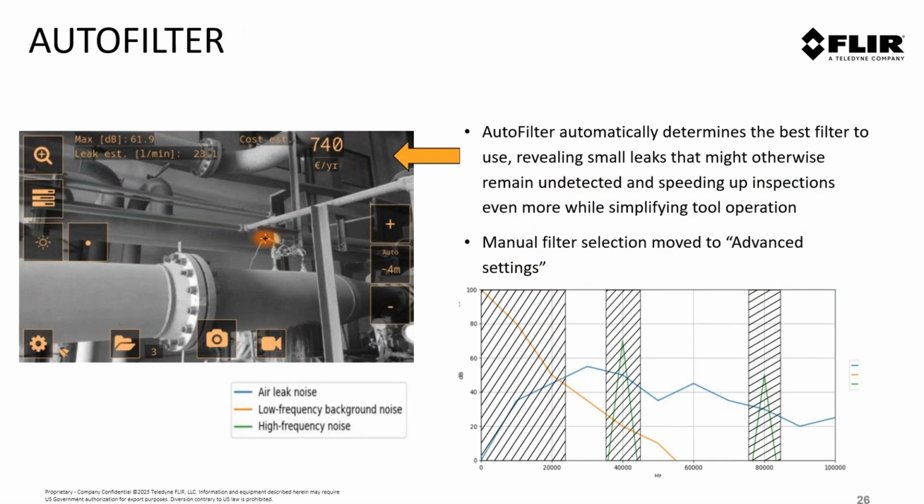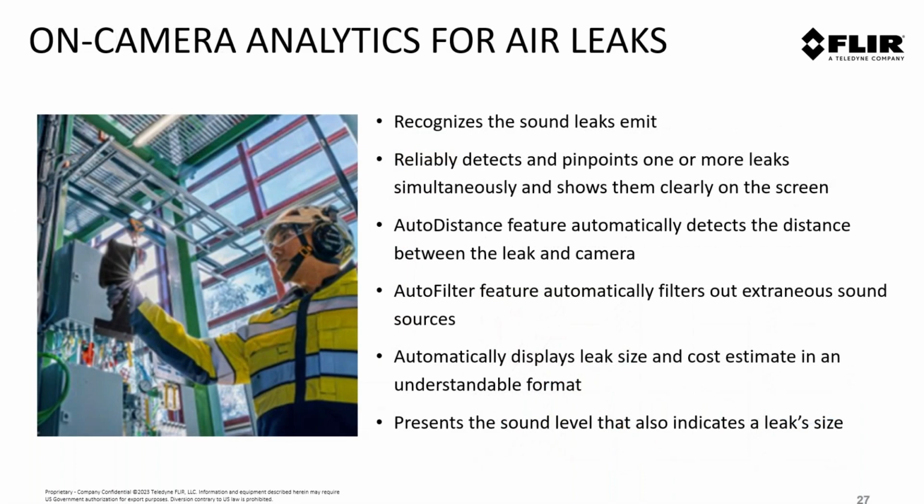We have different filtering methods that can be applied so that we can isolate those sounds more effectively. You can also manually filter in more advanced settings, but really we want to hone in on where that leak noise is and get rid of the high and low frequency background noise so we can isolate that more effectively. And then moving on to the on-camera analytics.